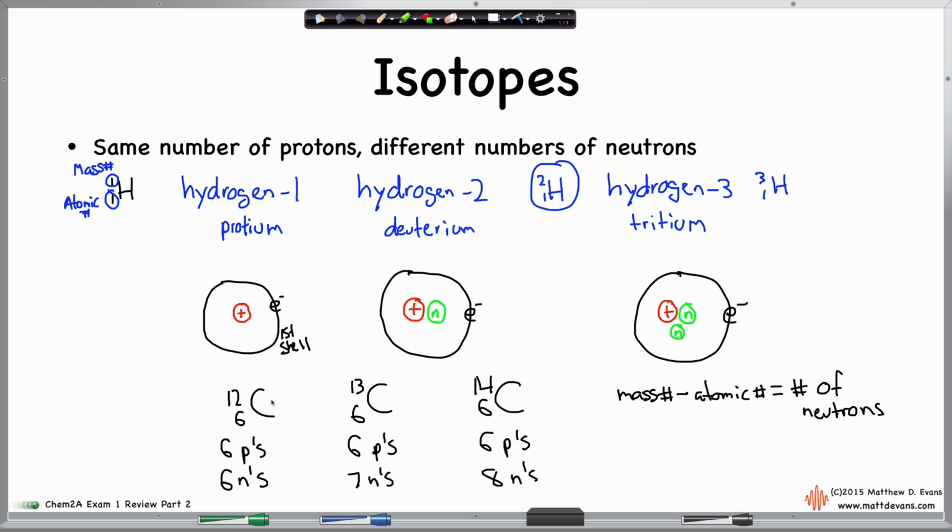And of course, back to these carbon species, if you've got 6 protons and we're assuming neutral carbon, which is a good assumption for the first test, we're going to have 6 electrons for each one of these as well. So 6 electrons. Whoops, I didn't mean to do that. I meant to put a 6 here. So 6 electrons, 6 electrons, 6 electrons. Okay, very simple question, easy stuff.